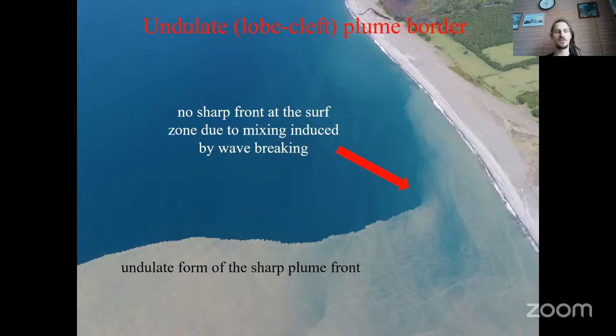For small plumes, it's better to use sea surface temperature and some optically derived satellite products, and they should be used with caution.